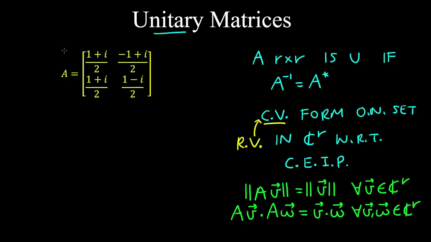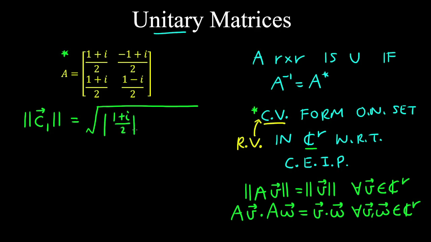So let's verify that this is a unitary matrix. So first we'll verify that the column vectors form an orthonormal set in C^r. And you can do the same for the row vectors. So if we take the norm of C1, that's equal to the square root of the modulus of the first component squared plus the modulus of the second component squared.